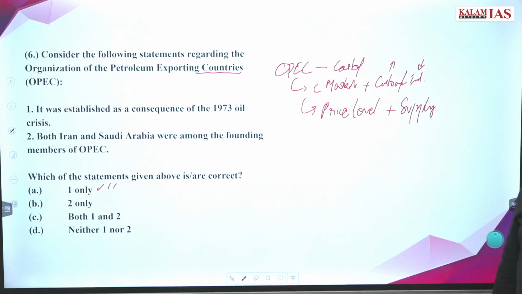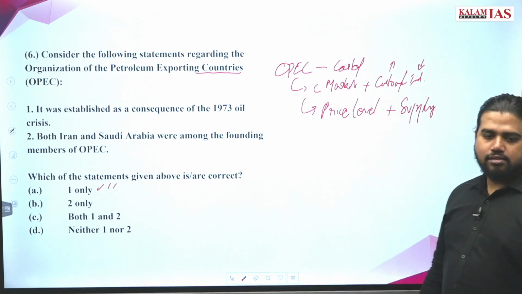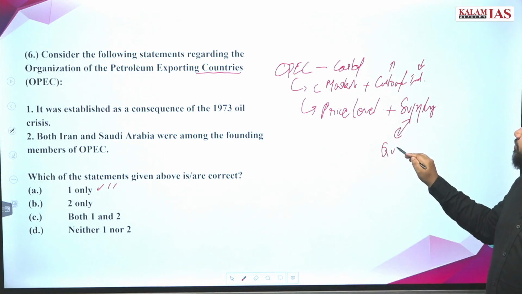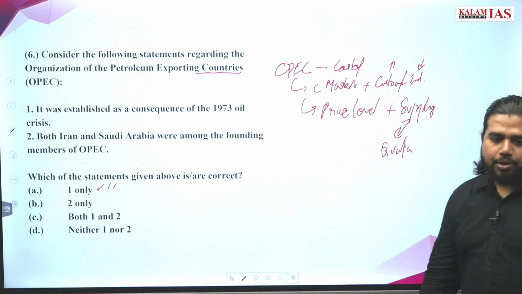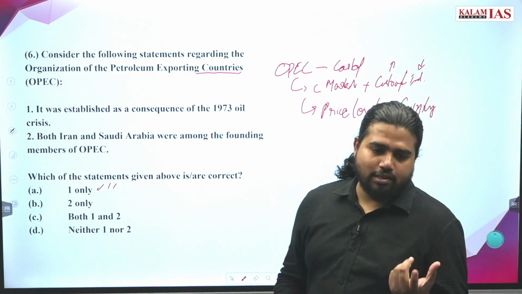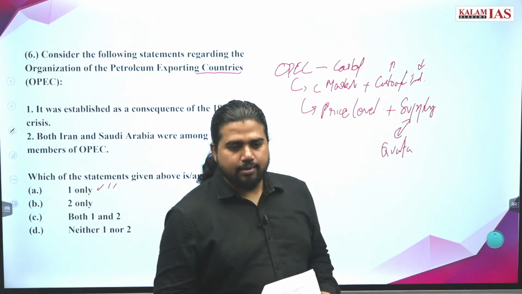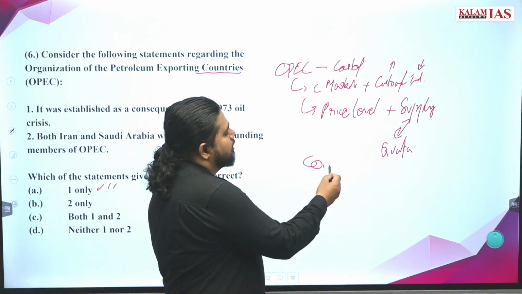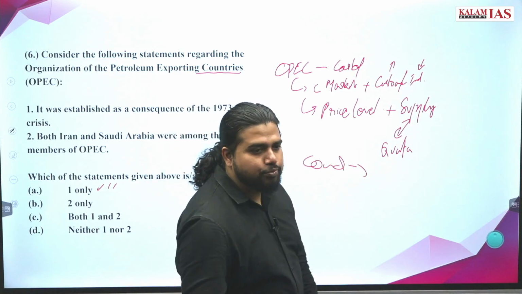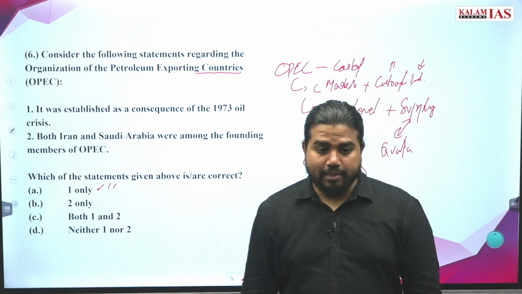Now how does it control supply? It will allot quotas to different countries. Every country should produce within this quota and should not produce more. Now during the pandemic, you might have heard that petroleum prices fell below zero. Why did this happen?